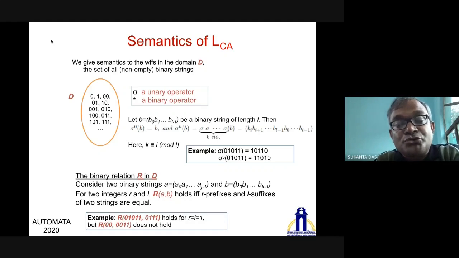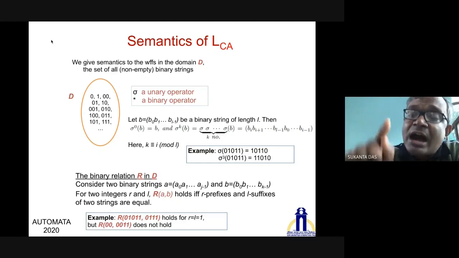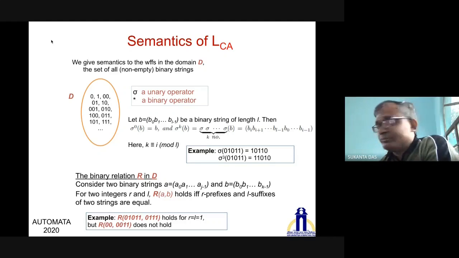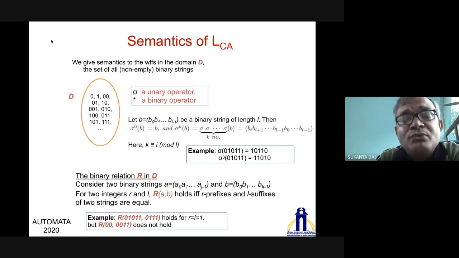Those two strings are 01011 and 0111. In both strings, the first bit matches, the same, and the last bit is also the same. So the one prefix and one suffix are equal, and this relation holds. Whereas 0011 and 00 does not hold.